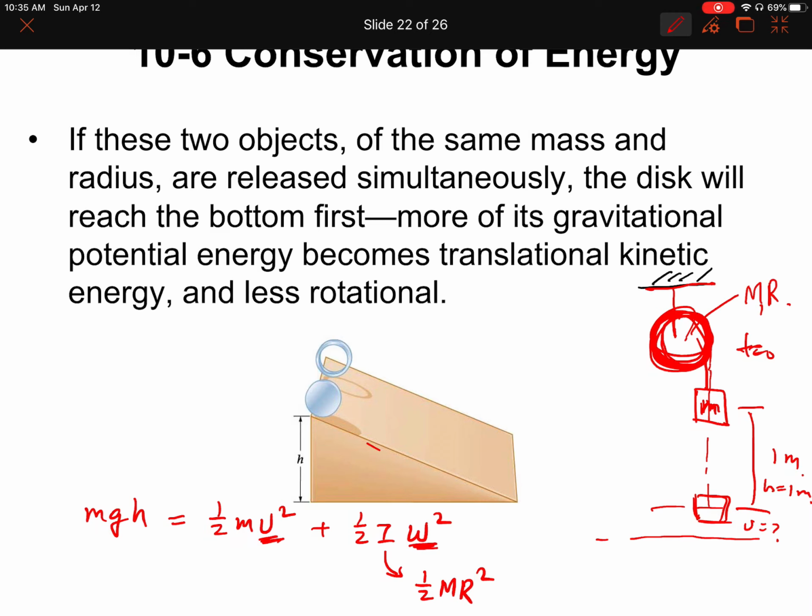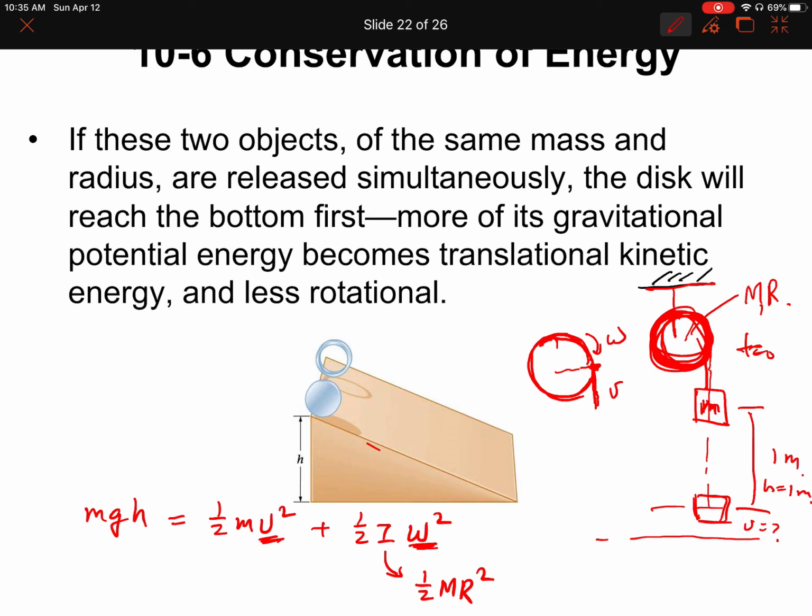Omega and v. You can look at this disk, right? You have a rope on the edge of the disk. This rope moves down with v, and this rope winds around the disk. So the rope is also doing circular motion with omega, and also linear motion.